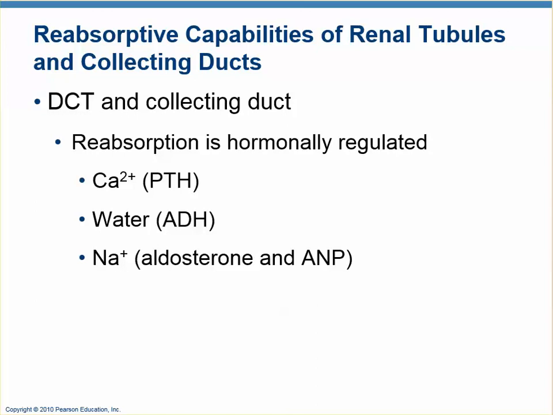Sodium potassium pumps are turned on by aldosterone or inhibited by atrial natriuretic peptide. So we can hormonally control the sodium potassium pumps there. So aldosterone makes you reabsorb more sodium. Atrial natriuretic peptide, as the word says, it comes from the heart and causes you to not absorb as much sodium and makes you pee more sodium.